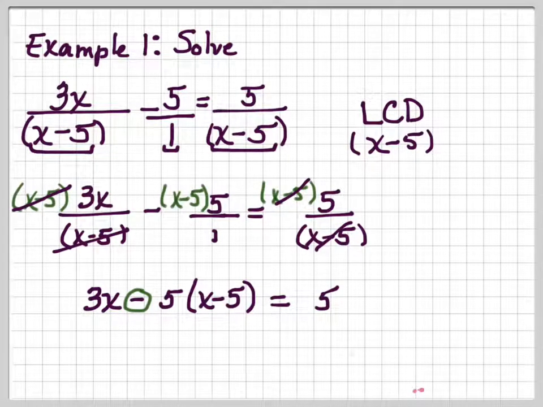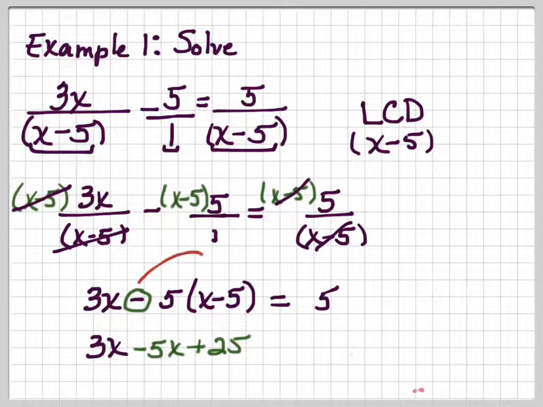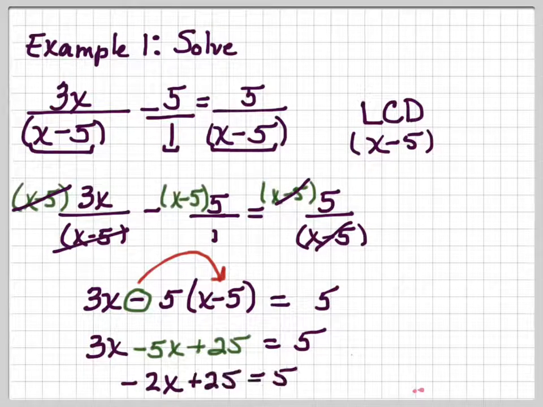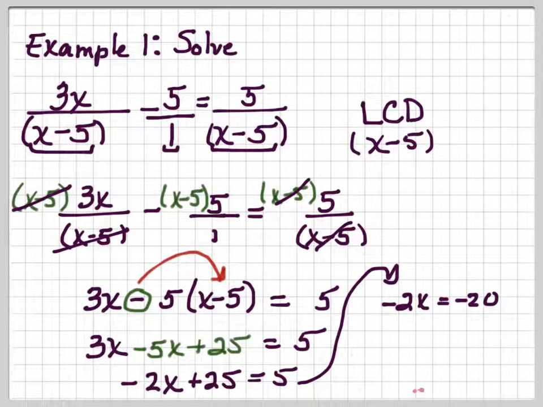Now notice that I have circled that negative sign. That's just to remind me that I'm distributing a negative 5. So it's going to be 3x minus 5x plus 25, because you're multiplying right here, equals 5. We gather some like terms. We have minus 2x plus 25 equals 5, minus 2x equals minus 20, and x equals 10.